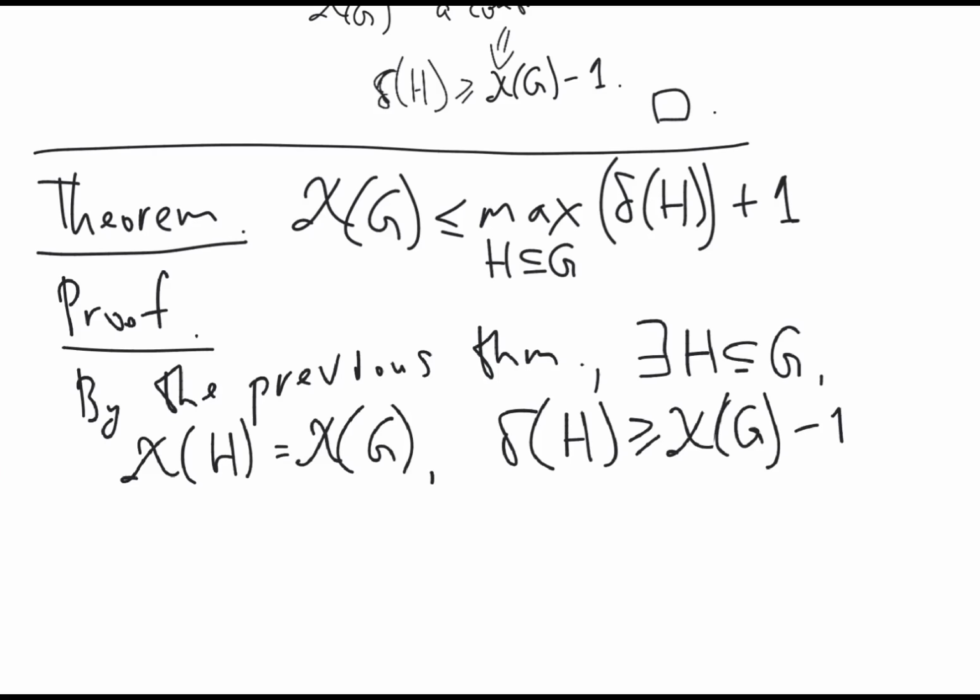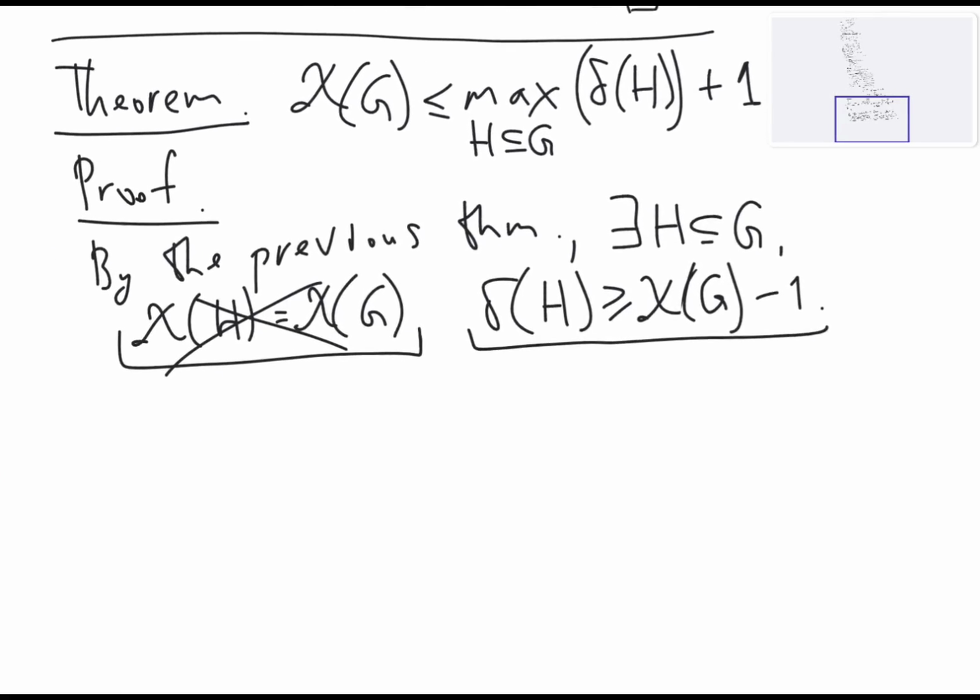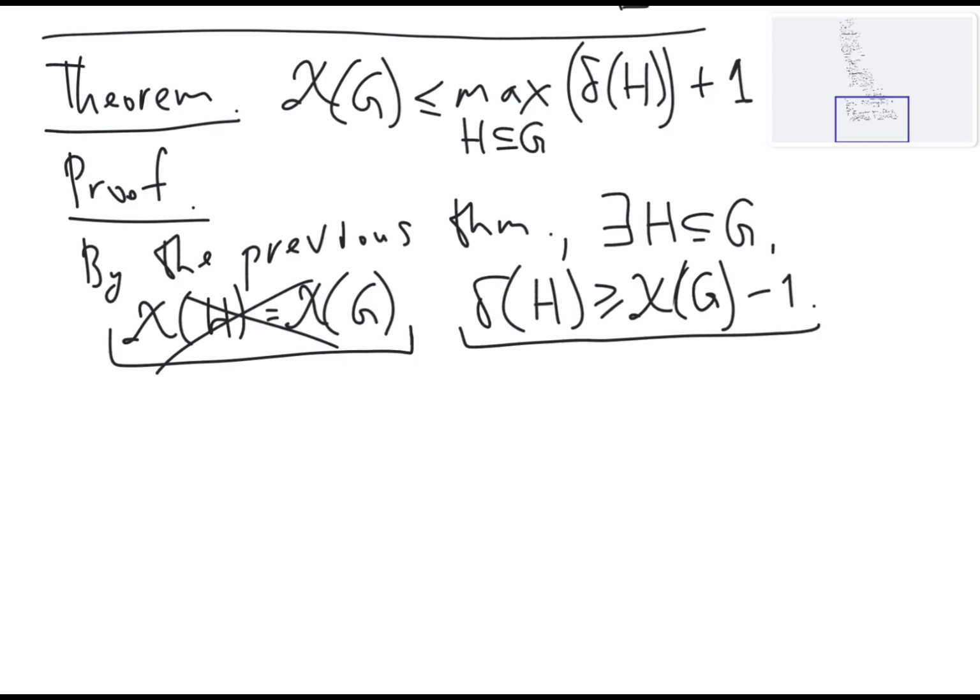So we actually don't even need this property, so we can forget about this. The only thing we need is that there is a subgraph with the minimum degree greater or equal than this.